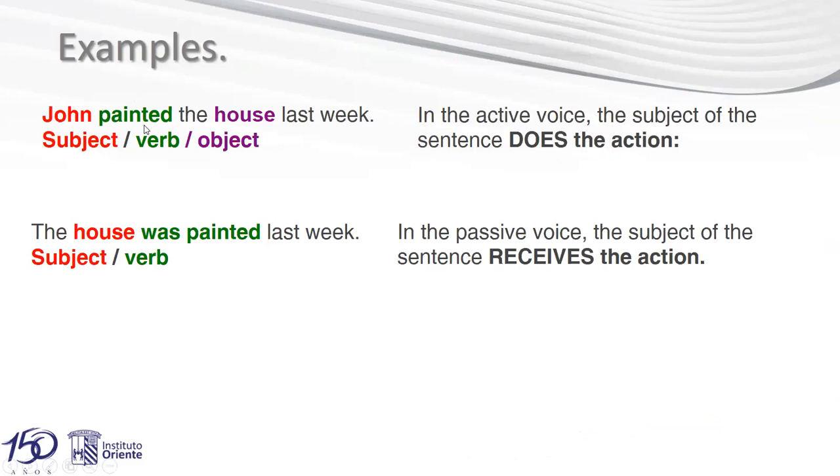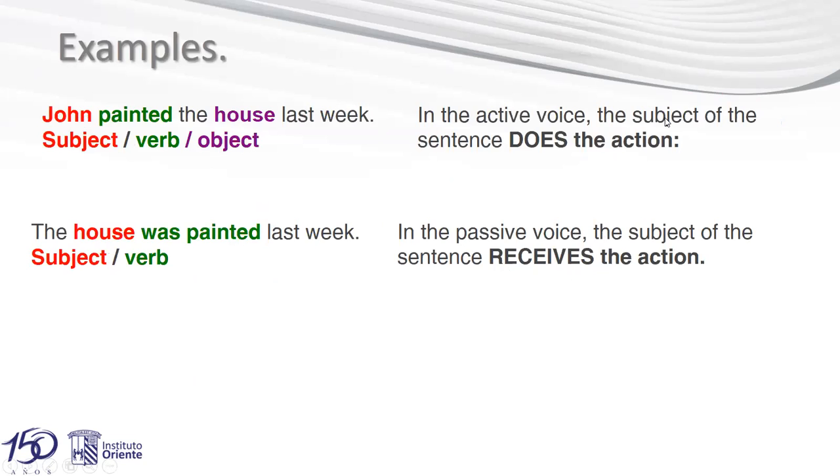John painted the house last week, okay? Subject, verb, object. In the active voice, the subject of the sentence does the action, okay? The house was painted last week. Subject, verb. In the passive voice, the subject of the sentence receives the action. One more time. John painted the house last week. Subject, verb, object.